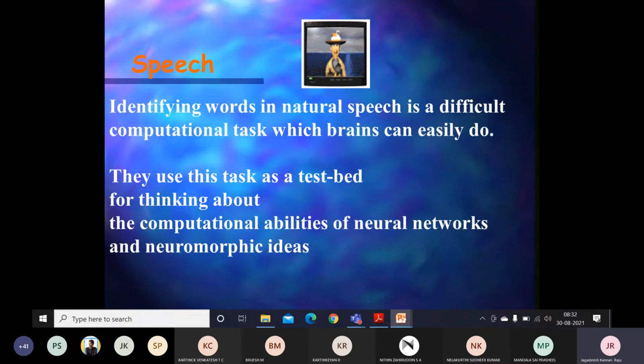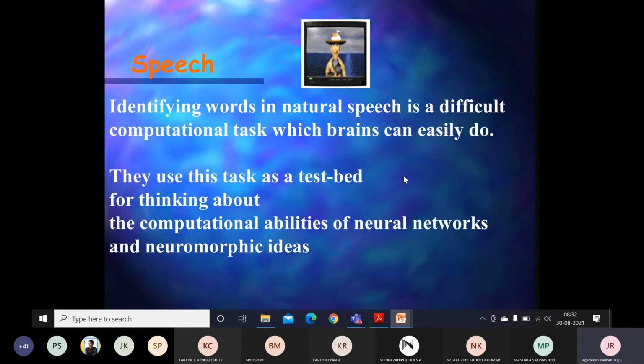This identification may be used as a test bed for thinking about the computational abilities of neural networks and neuromorphic ideas. In speech applications, identifying the words in natural speech is considered a difficult task which brains can easily do.